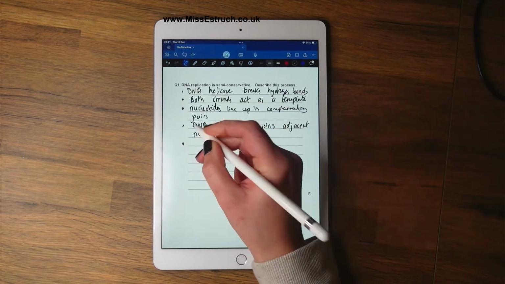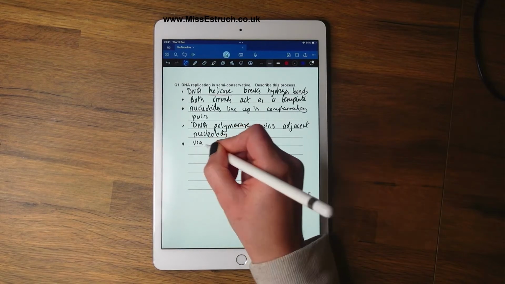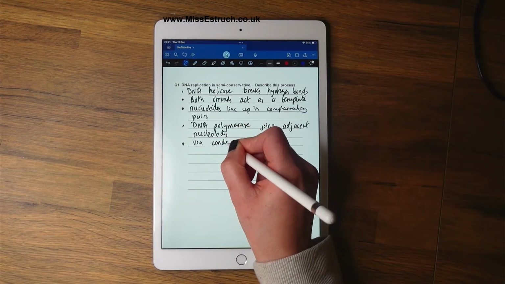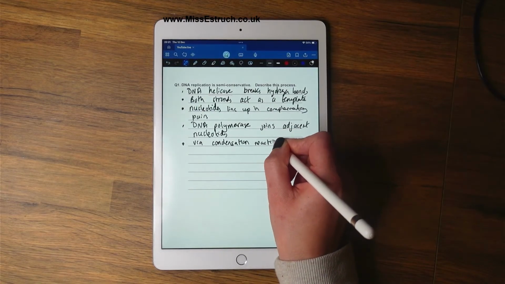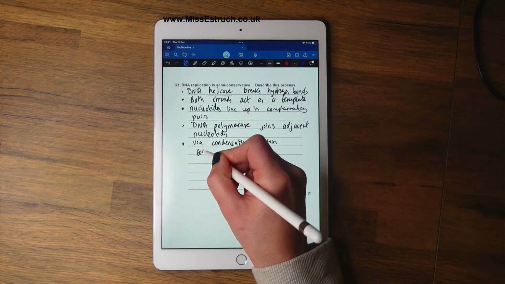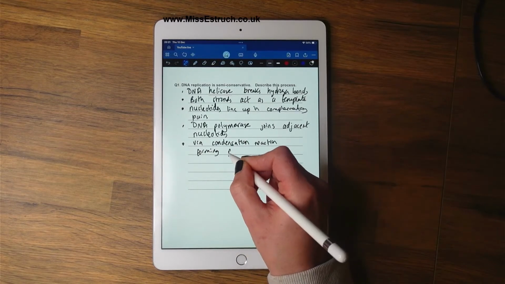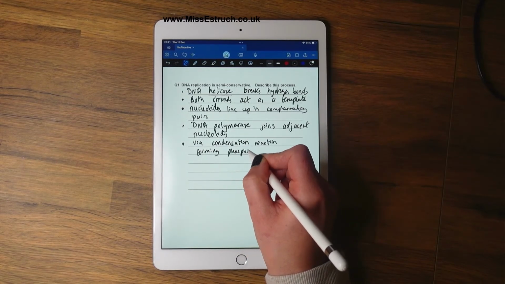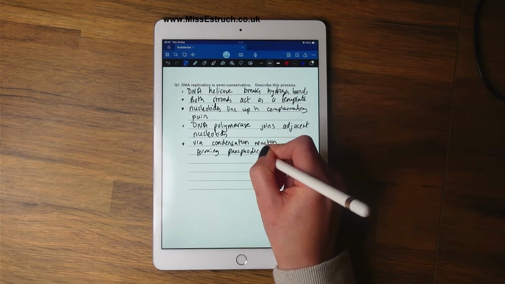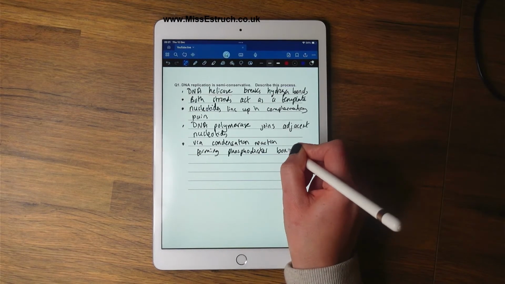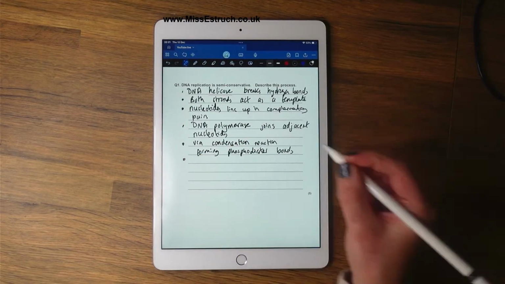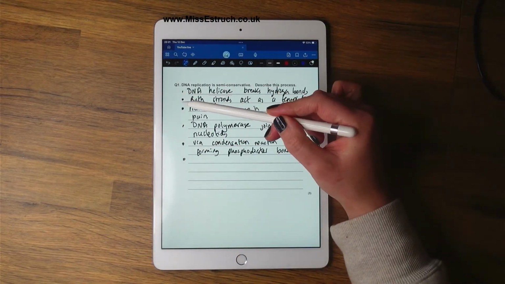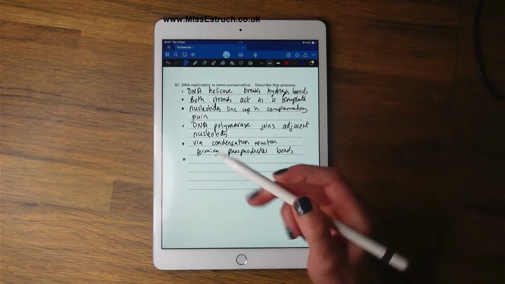And then we said via condensation reaction, forming phosphodiester bonds. And because I've mentioned semi-conservative replication, it's 5 marks, but I always say if you can, just give an extra one in case one of those wasn't worth a mark.